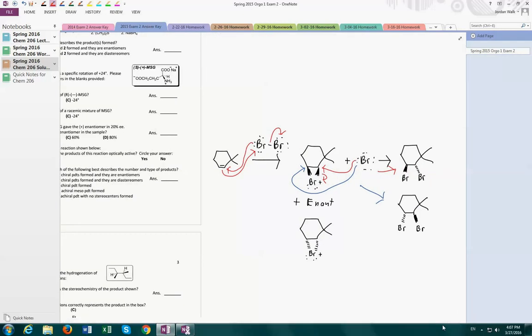So clearly those individually are not optically active. But I think that this was just taught a little bit differently. If we do this reaction, we're going to end up with both, because both are a possibility, right? So furthermore, we're going to end up with 50-50 mixtures of both. And so what is a 50-50 mixture of enantiomers? It's a racemic mixture. And is a racemic mixture optically active? No. So again, there's a few nuances that I teach a little differently from this professor.